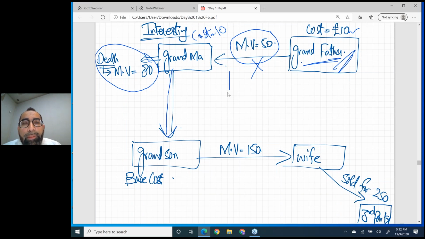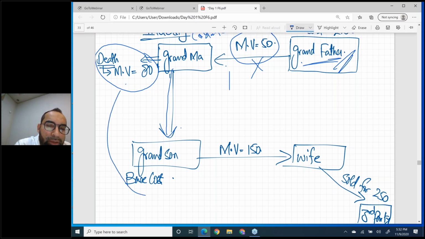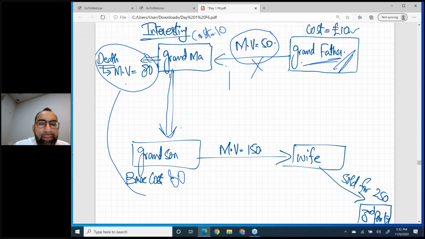Now at the time of death, there is no CGT applicable. And what happens? The market value of the asset at the date of death becomes the base cost for grandson.